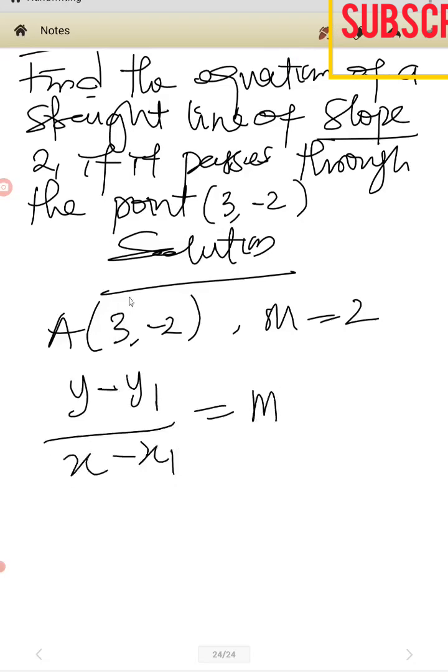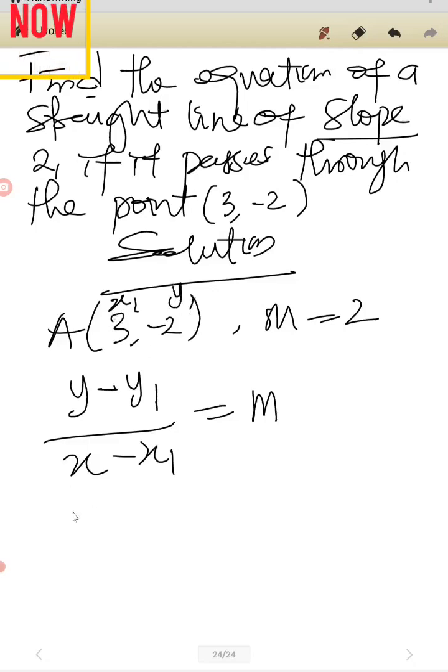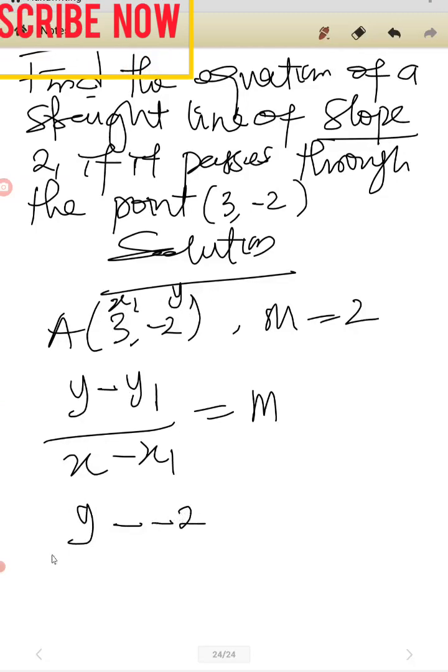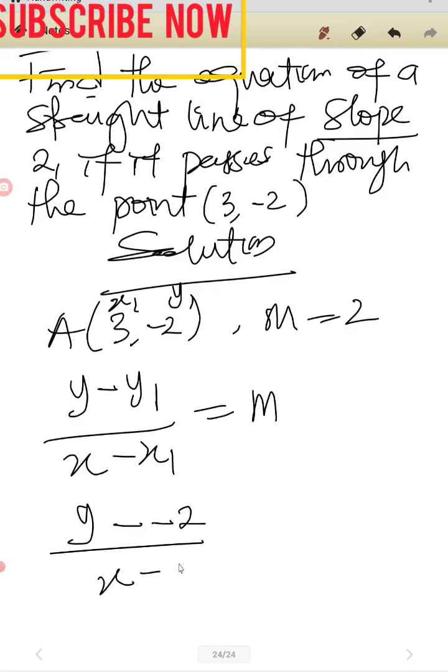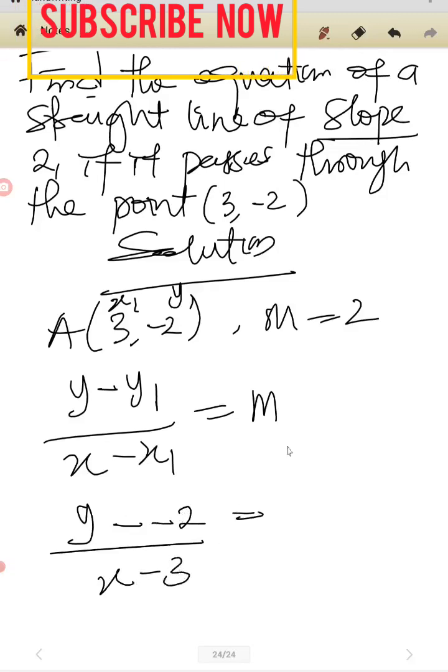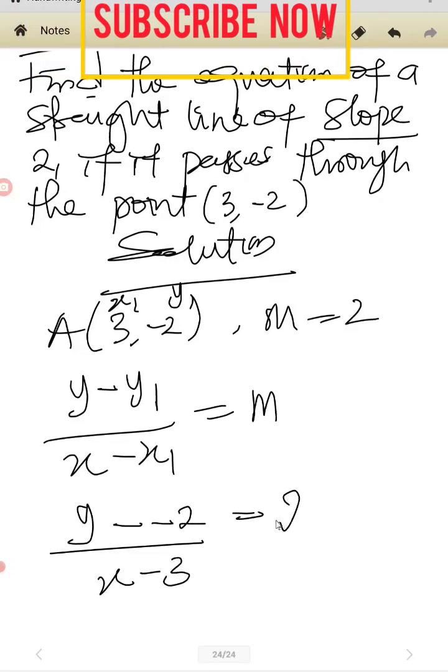From the point given, this is x1, this is y1. So you now say (y plus 2) over (x minus 3) is equal to the slope, which is the gradient, which is 2.